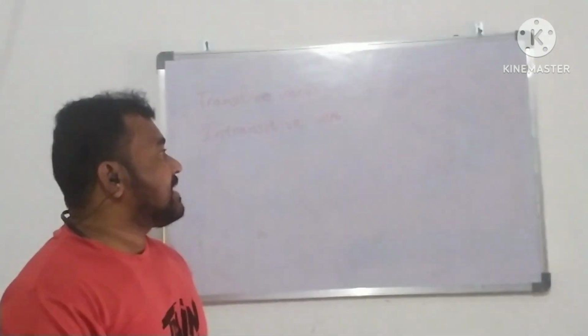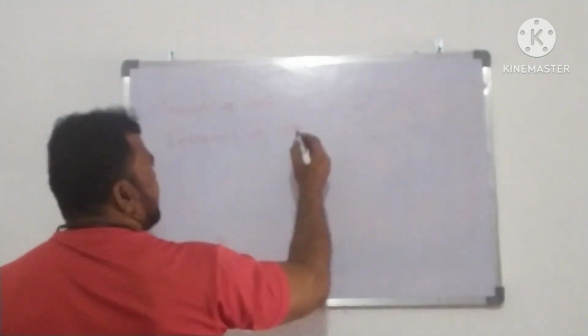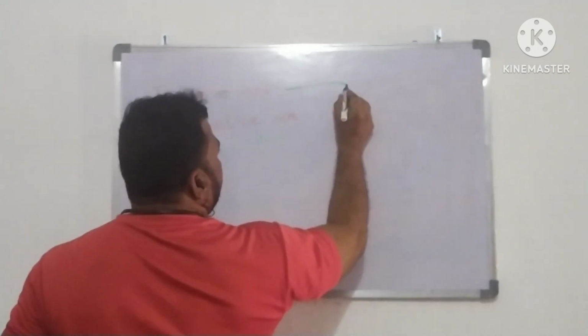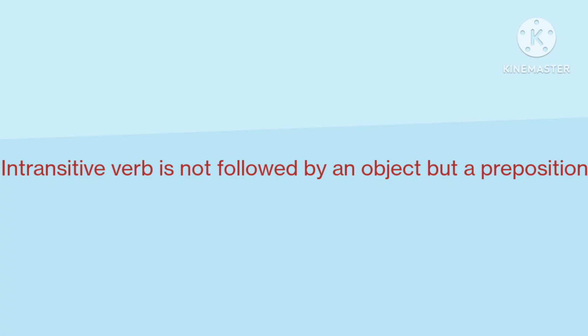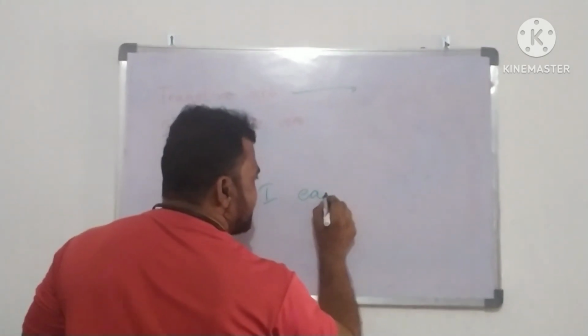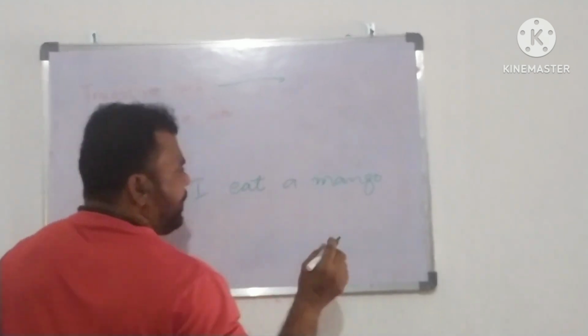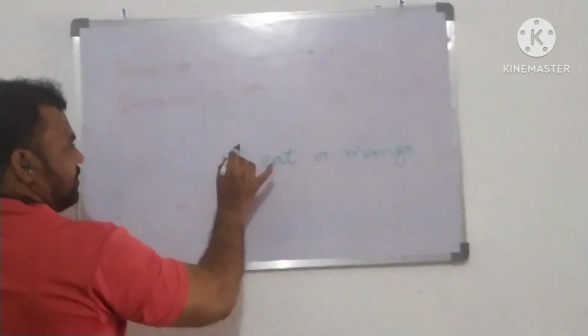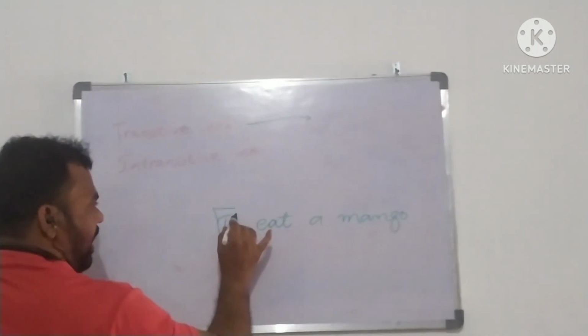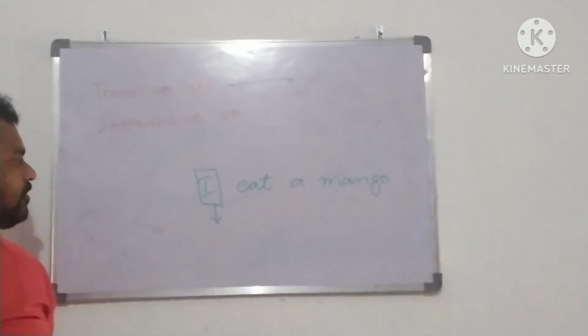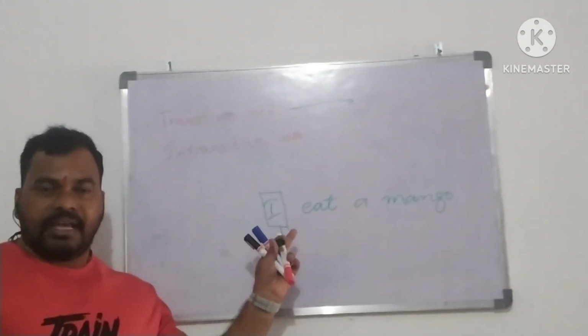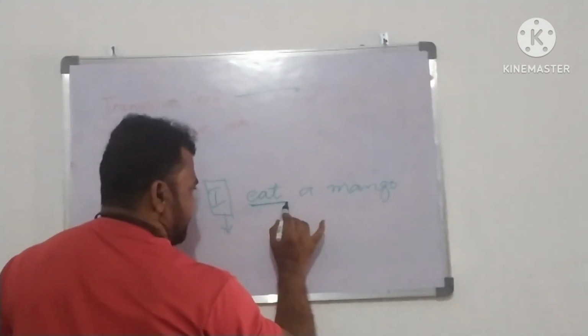A transitive verb is nothing but a verb that is immediately followed by an object in a sentence. For example, I eat a mango. Here the letter I is the subject, the one who does the action, and eat is the action.